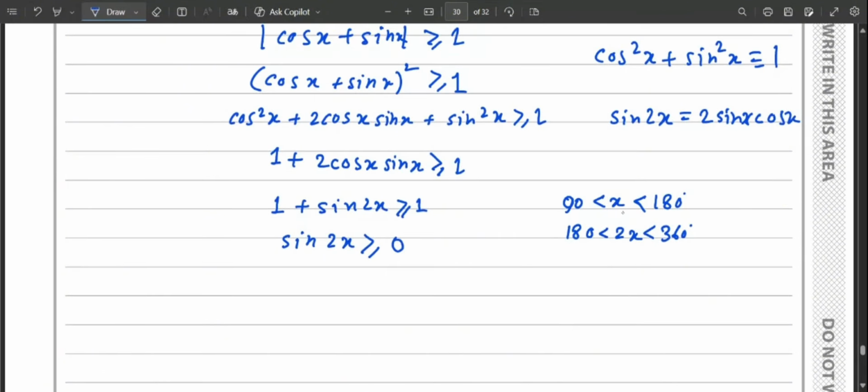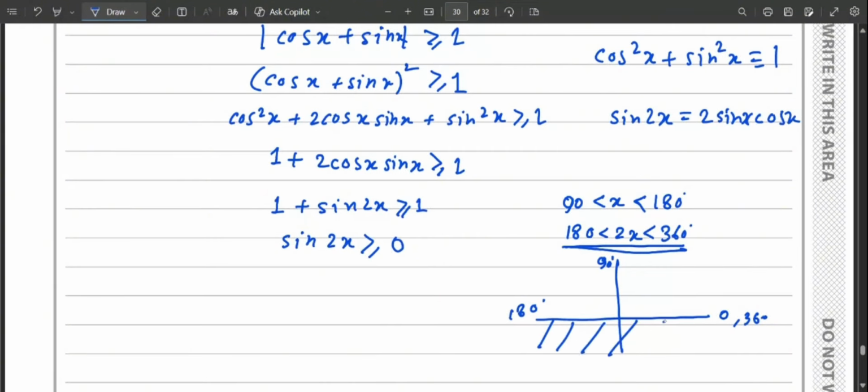From this we can see that 2x exists within this range: this is 0, this is 90, this is 180, and this is 360. Our angle 2x exists in the third and fourth quadrants.